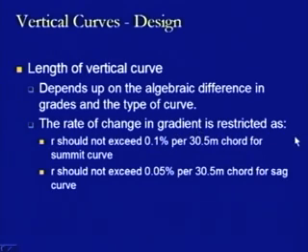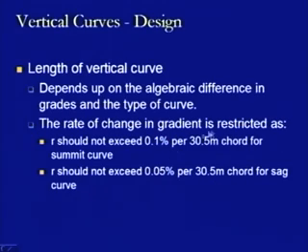This r should not exceed 0.1% per 30.5 meter chord for the summit curve, whereas in the case of the sag curve the restriction is that r, the rate of change in gradient, should not exceed 0.05% per 30.5 meter length of the chord.